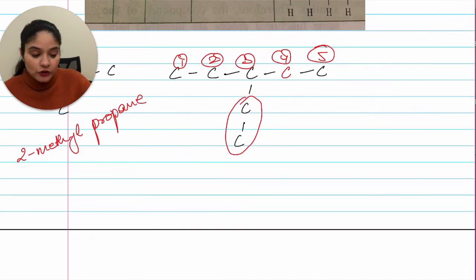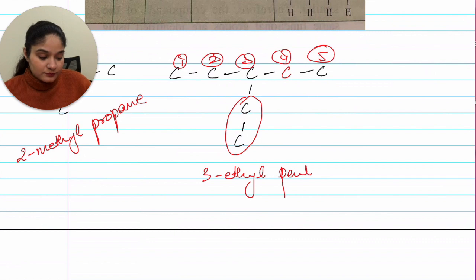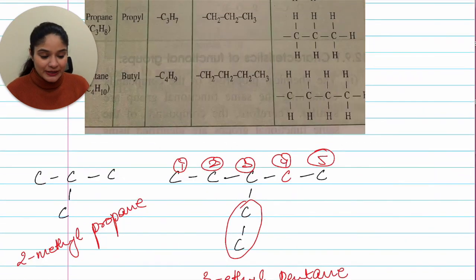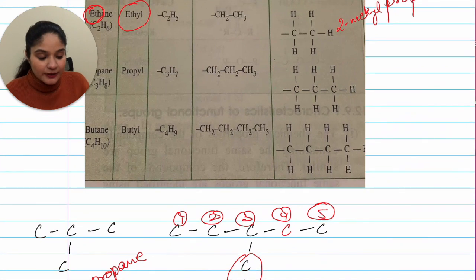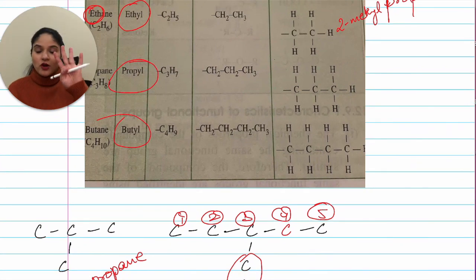At third position I have ethyl. So 3 ethyl pentane. Okay, I hope this is something that you understand. So similarly, you have propyl or butyl. Butyl will have 4 carbons in the branch chain. Propyl will have 3 carbons in the branch chain.